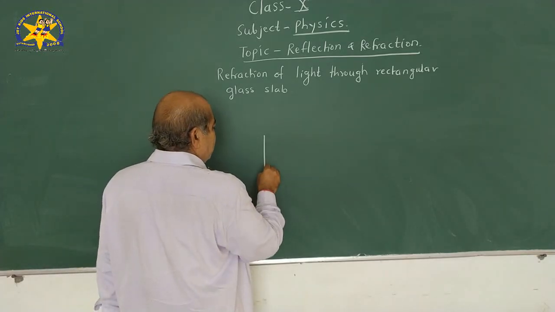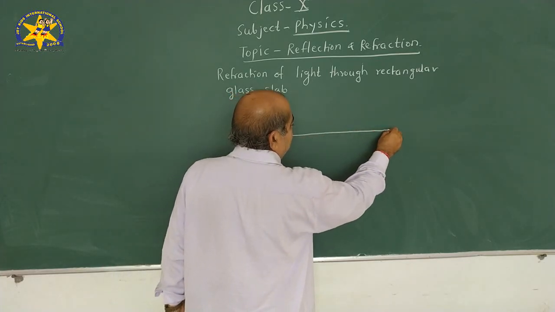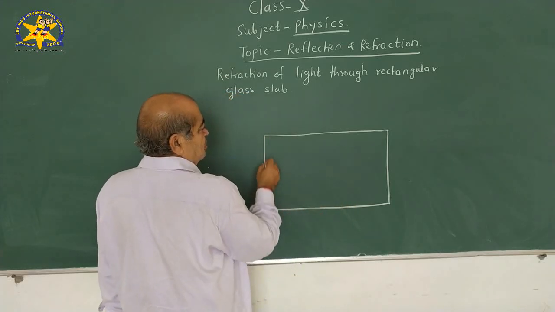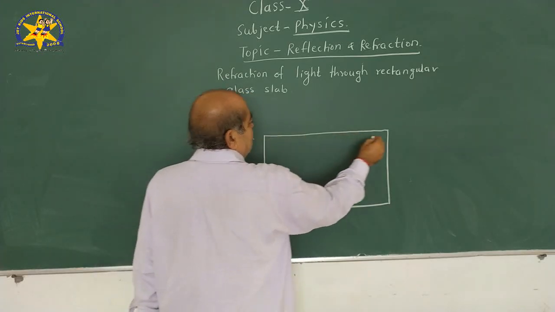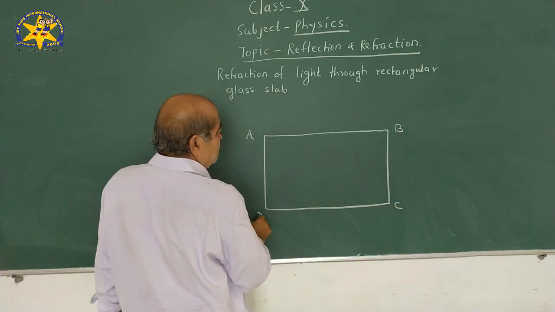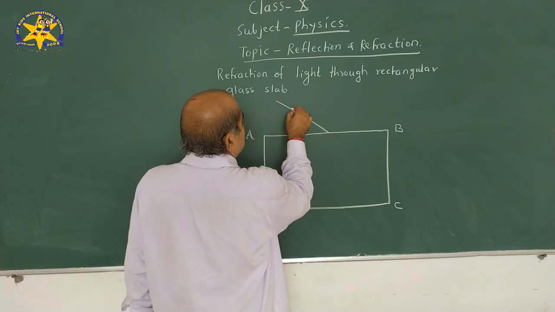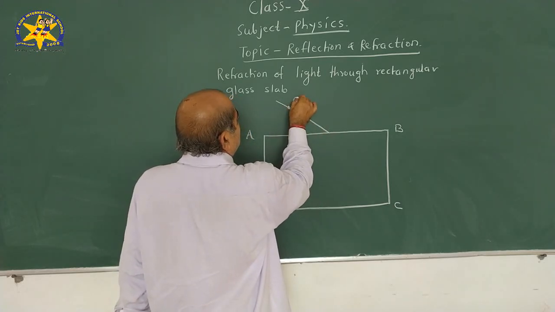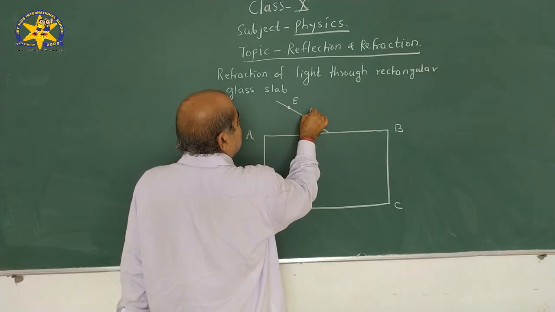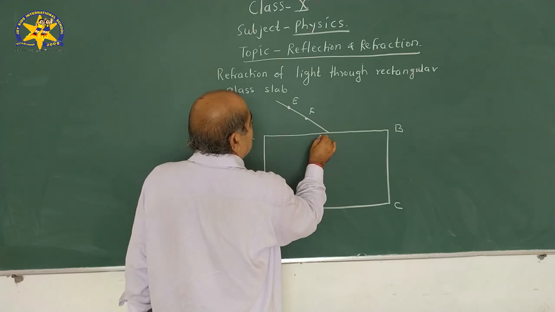This ABCD is the rectangular glass slab, and this is O.